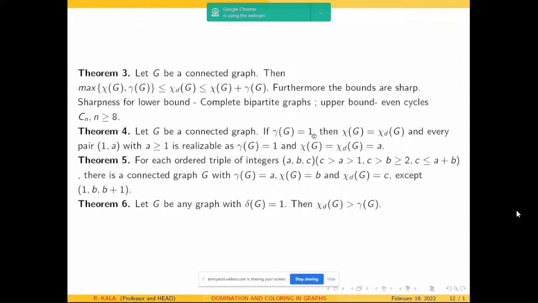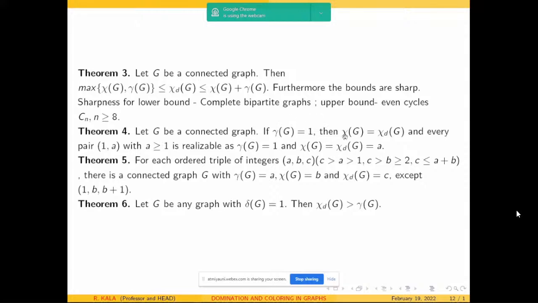If gamma is 1, then I want to show that chi and chi d are equal. So gamma is 1, so my graph has a K 1 comma n minus 1 sitting inside, not necessarily induced. But I have a K 1 comma n minus 1. So I can color that one by a single color. And since it is adjacent to all the other vertices, I cannot use that color for any of the other vertices.